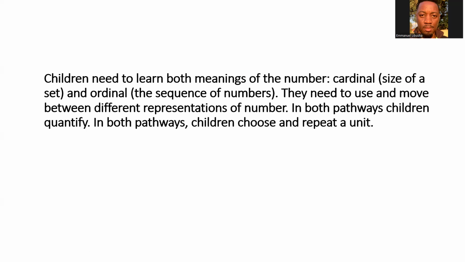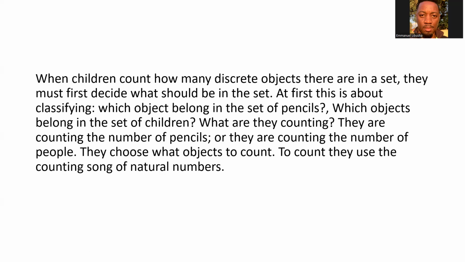In both pathways, children choose or repeat a unit. When children count how many discrete objects there are in a set, they must first decide what should be in the set. At first, this is about classifying which objects belong to the set. If, for example, I give you 5 children facing us, and I say, how many? By saying how many, I need to know what exactly we are counting.